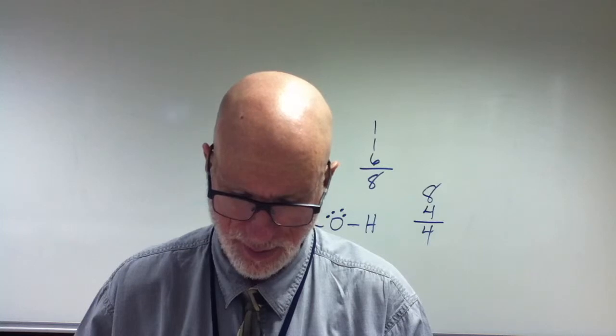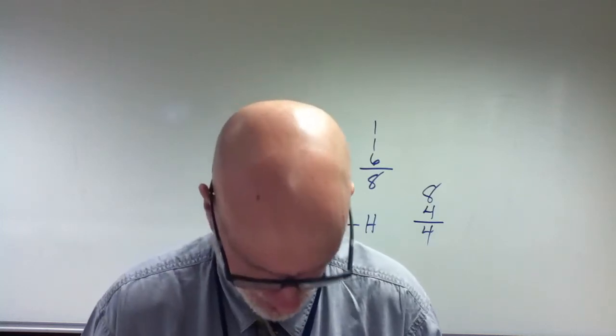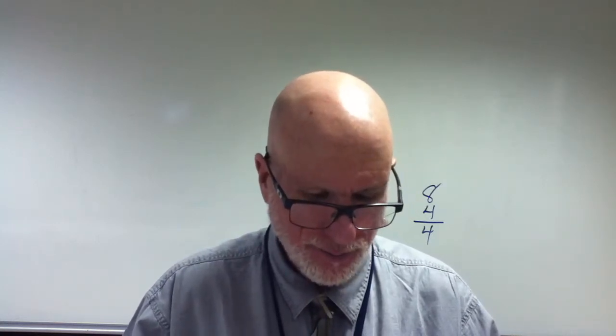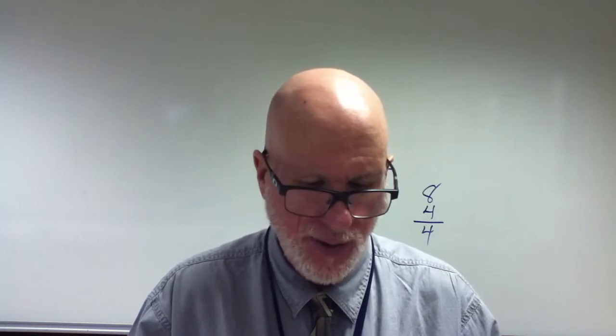What was bent? If you have 3 atoms, and you have 2 bonded pairs of electrons and 2 unbonded pairs of electrons, it's going to look like this.